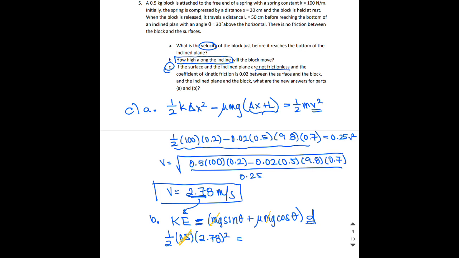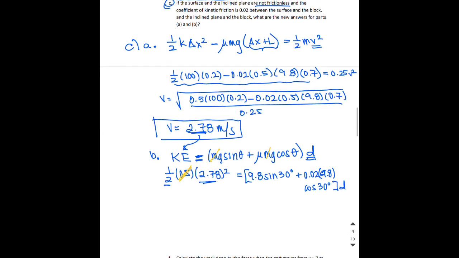So then from there, I can take my 1/2 times 2.78 squared, and set that equal to 9.8 times sine of 30 plus mu, which is 0.02, times 9.8 times cosine of 30, and then that whole thing is multiplied by d.